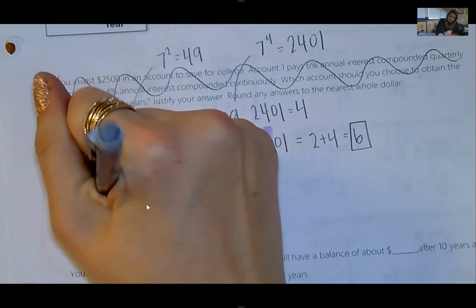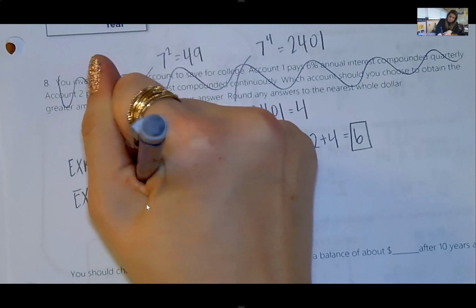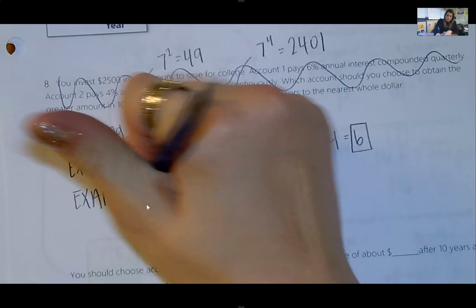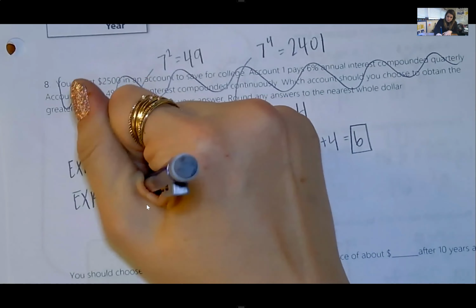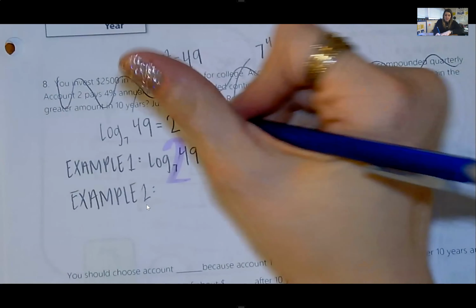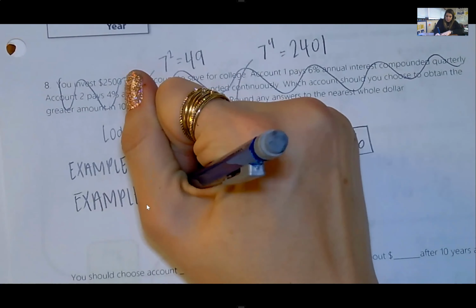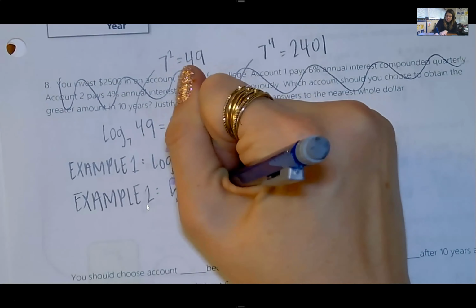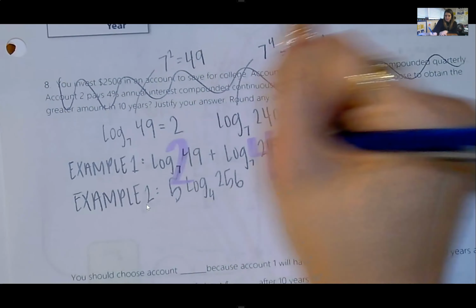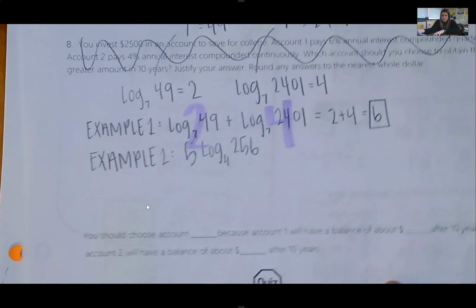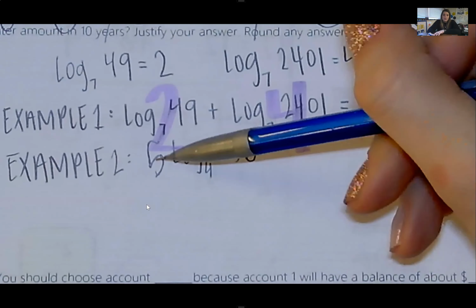Another example, this would be example 2, I could do a multiply. 5 log base 4 of 256. First of all, this log is being multiplied by 5.